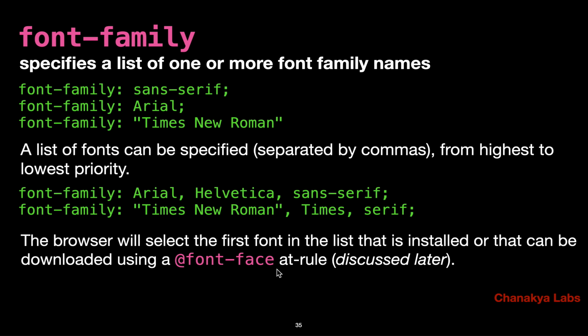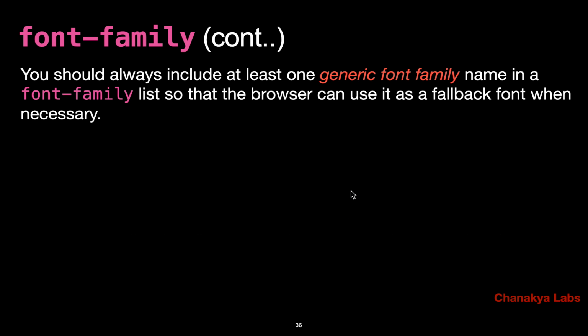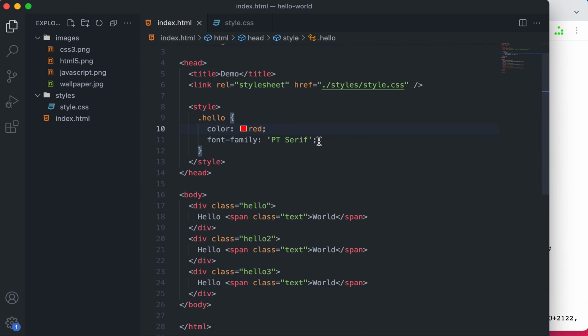That's what I just wanted to highlight: what at font face is. Don't bother if you don't understand it right now, but it is used to tell the browser that I have new font faces, can you include them, and I will use them in the font family. As I mentioned, never use just one font family. Always have some generic fallback. Here also, this would be wrong on its own, because there might be some issue in downloading these, or internet connectivity can go.